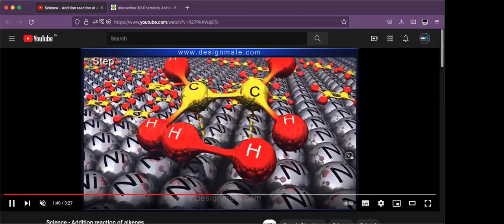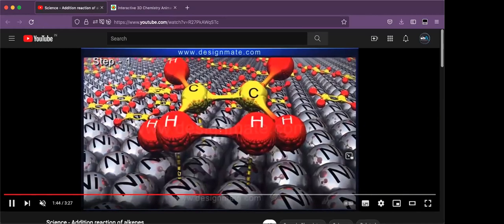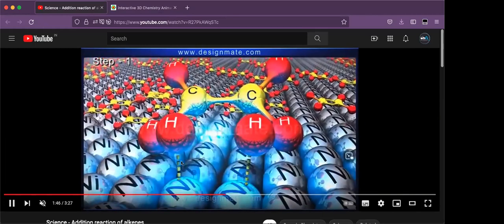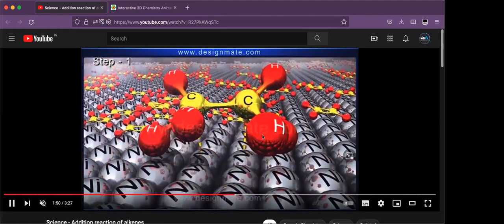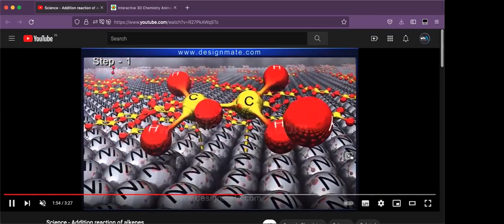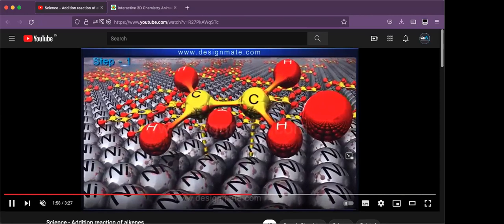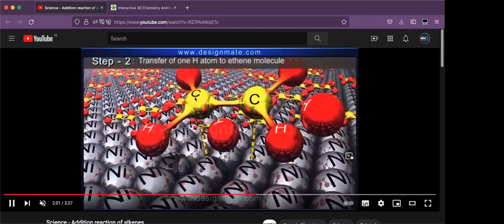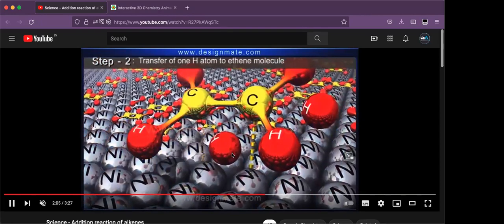Similarly, hydrogen also settles here, the bond between the hydrogens breaks, and each hydrogen atom forms a new bond with the nickel itself. If you have hydrogen and ethene close to each other, the carbon and the hydrogen are much happier forming a bond with each other.